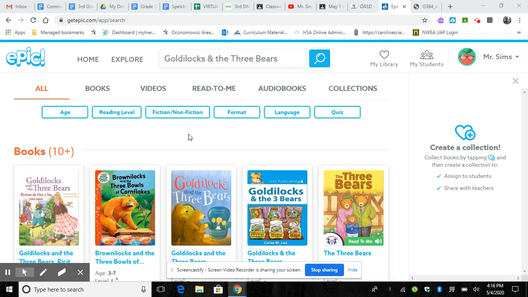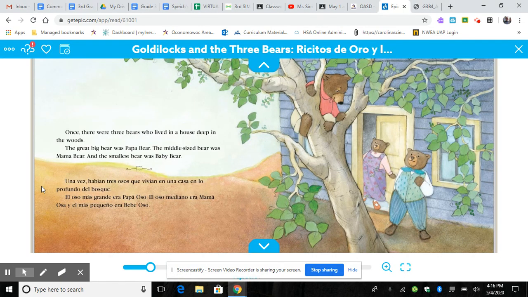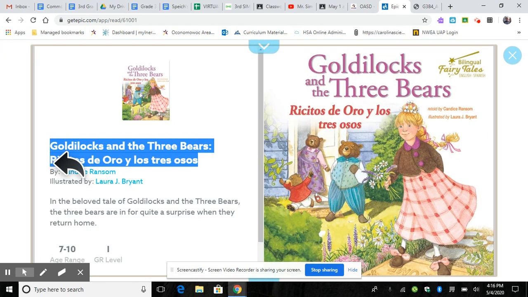Okay. So again, this is where we'll look at, we're talking about Goldilocks. That's the one that we've been talking about. So we talked about how we can change that and what we would change in it. So while you're working on your fairy tale, you're going to storytell it.